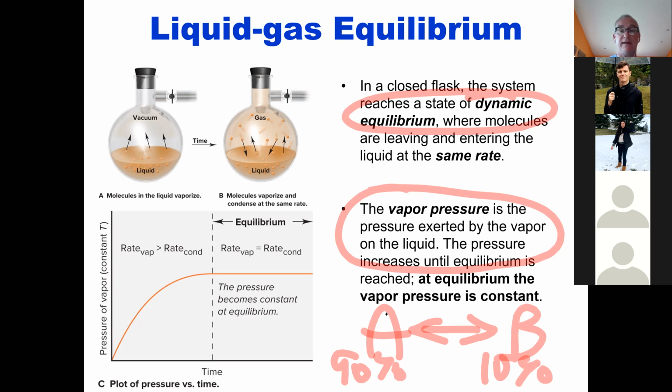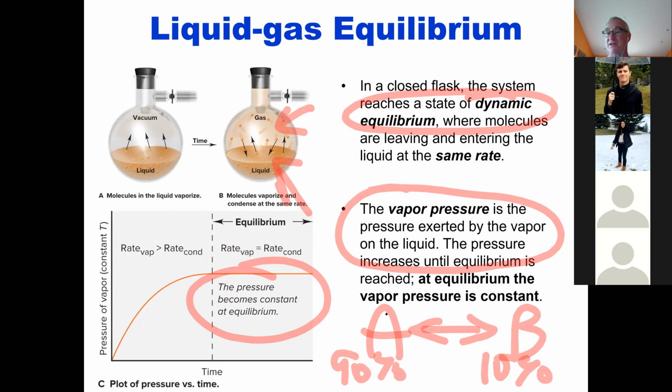At some point, you're going to find an equilibrium between the amount of gas and the amount of liquid. That means that the rate of vaporization from liquid to gas and the rate of condensation from gas to liquid are exactly the same. When that takes place, you have an equilibrium, and then your pressure becomes constant.